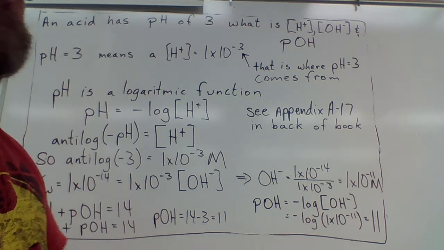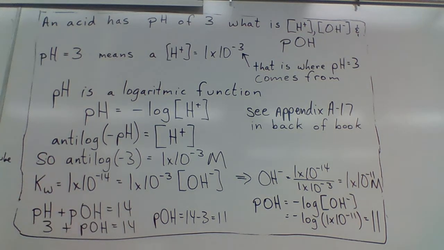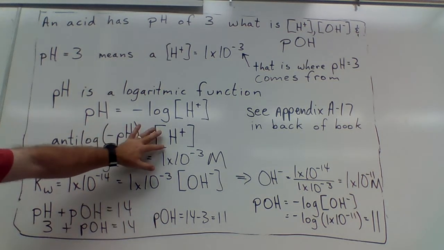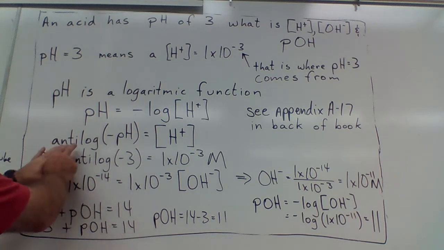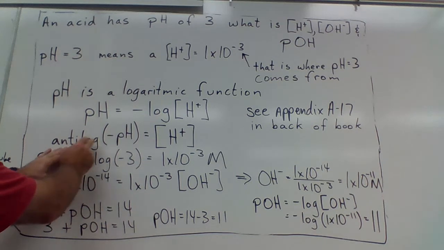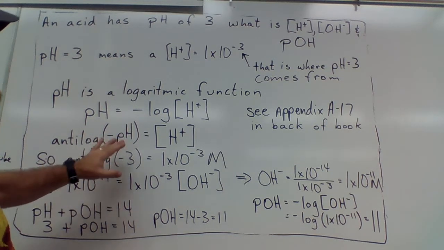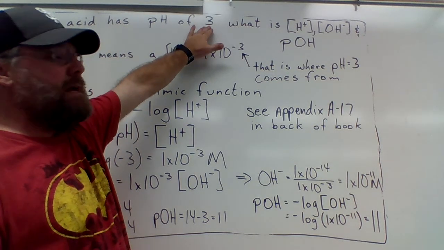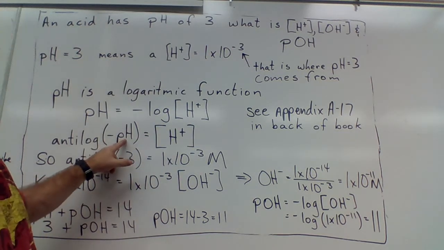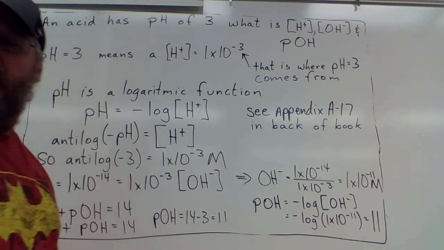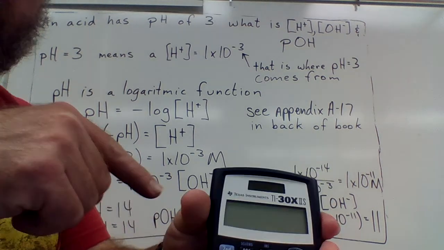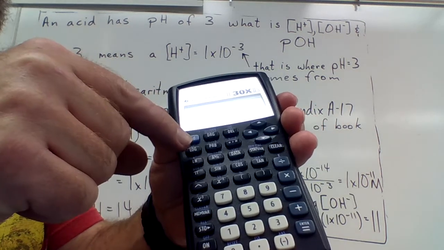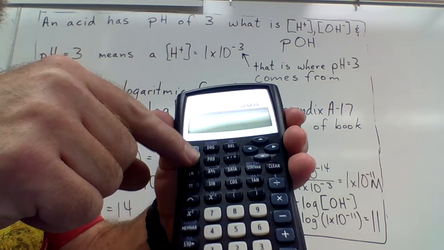And then if we ever need to find the H plus, basically what I did is the anti-log of the negative pH. So I took 3, plugged it in here, called it a negative 3, and then to do the anti-log, it usually doesn't say anti-log on your calculator, but it's always the second function.